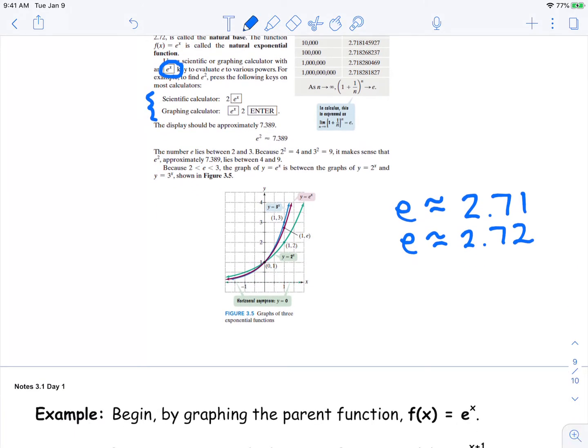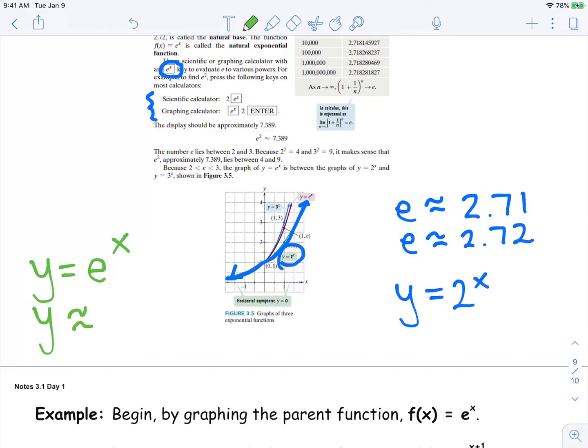Below is comparing an exponential of base 2, y equals 2 to the x power, to our exponential y equals e to the x, or y equals approximately 2.72 to the x. So the difference is it's a larger base, it's going to increase faster.